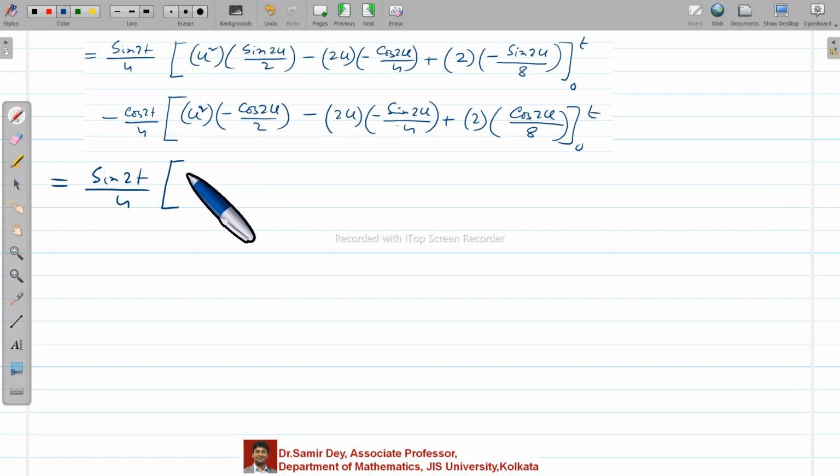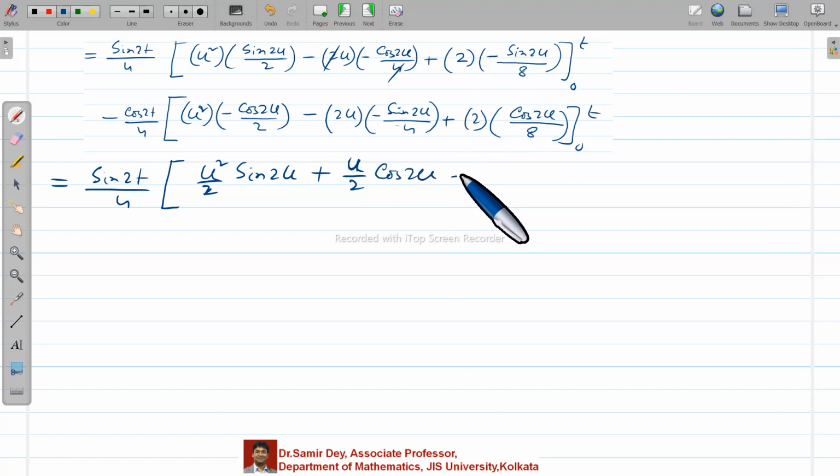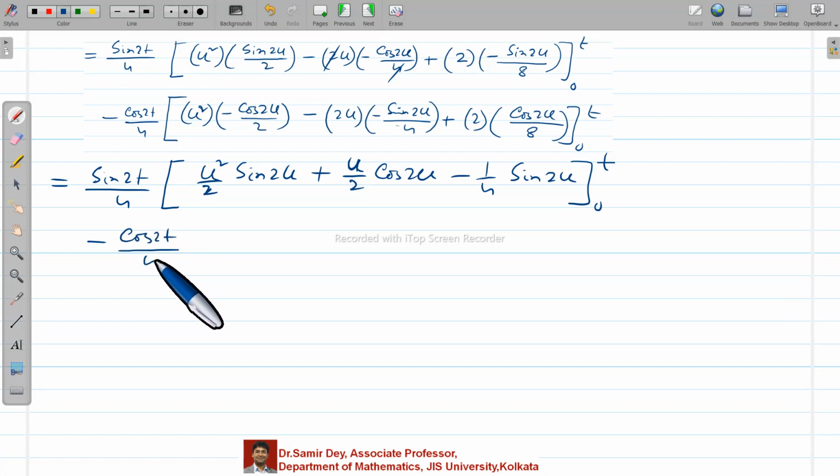That means minus u square by 2 sine 2u, minus plus 2 cancel, that is coming u by 2 cos 2u, minus is coming 2 by 2 cancel, that is 1 by 4 sine 2u, and 0 to t, minus cos 2t by 4.